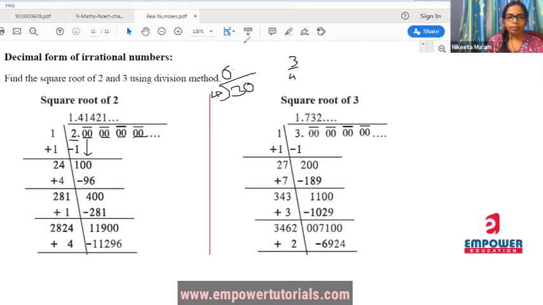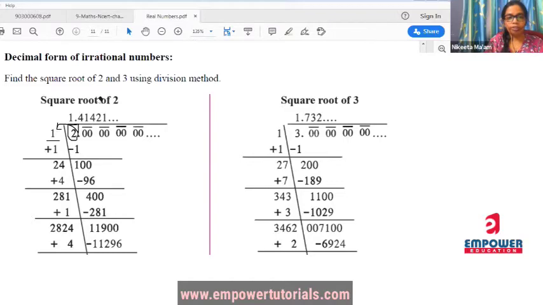Now, this is the first thing you have to do. Then you have to look at this number. Tell me the number which comes before your number 2 and is a perfect square. Since 1 is the perfect square before 2, we will take 1 over here.